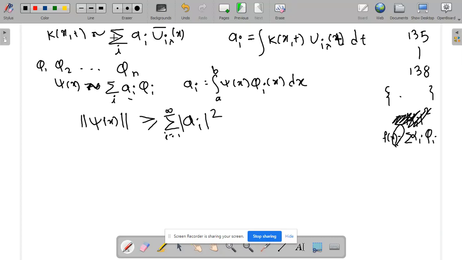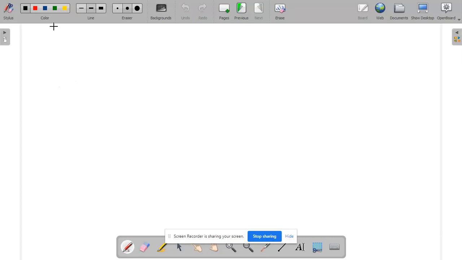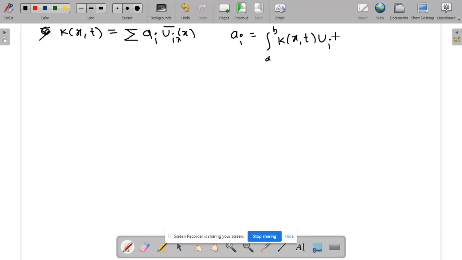So how that will become, it will be of the form... So this ai, first let us write this equation properly, where ai is the integral from a to b of k(x,t) ui λ(t) dt.